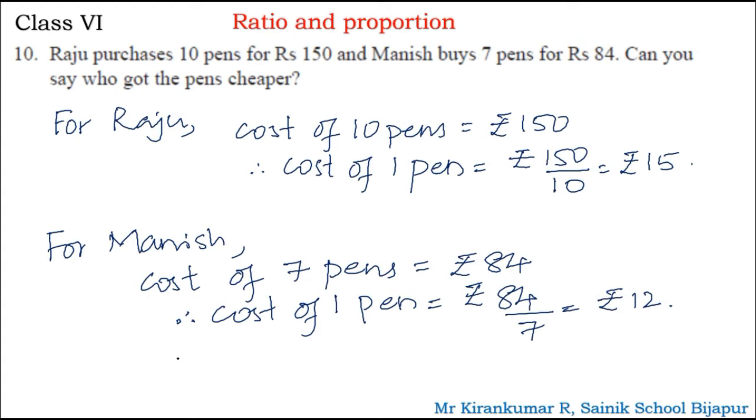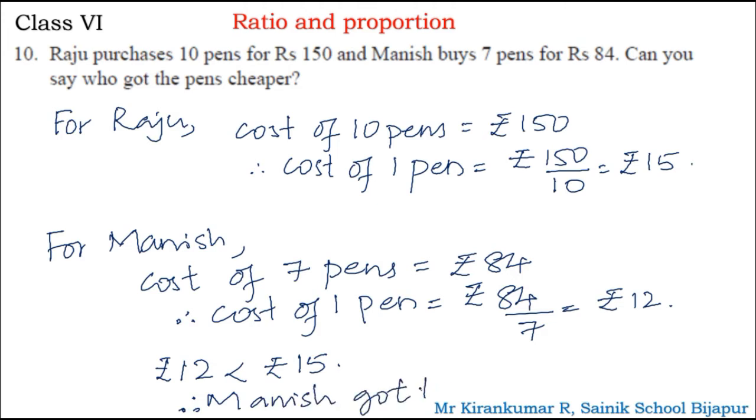Here, on observation, we see that rupees 12 is smaller compared to rupees 15. Therefore, Manish got the pens cheaper than Raju.